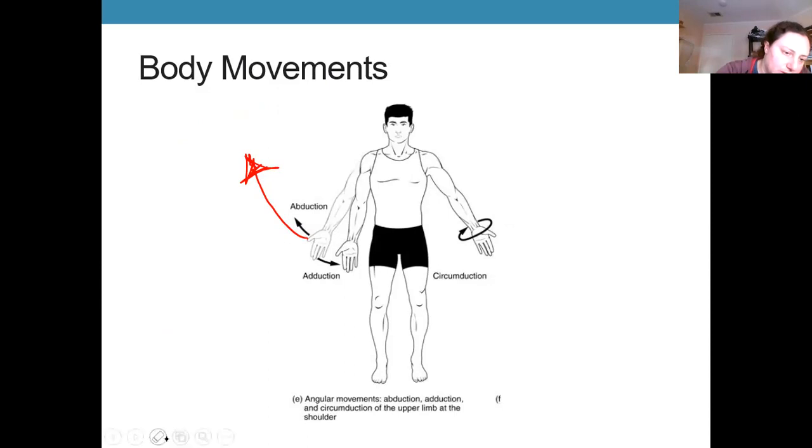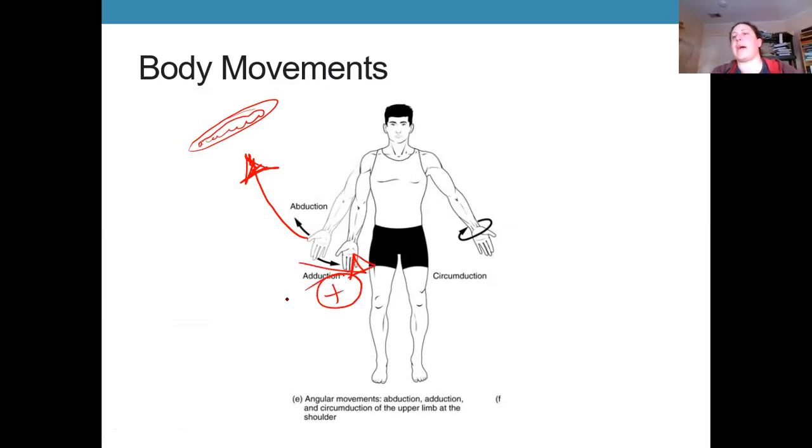I've never tried to draw a little UFO before, but it didn't work at all. And then adduction is when you're adding the body part back to the core of the body. So whichever way works for you, or come up with your own to help you remember those. Either way, you can see we're moving in the frontal plane, away from midline, and then back towards it.